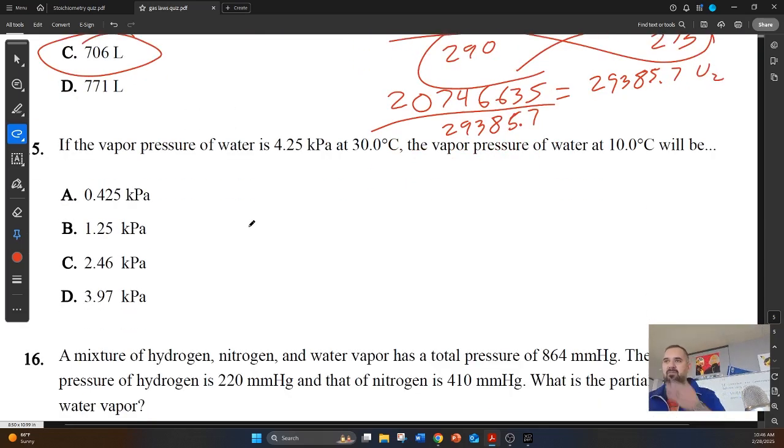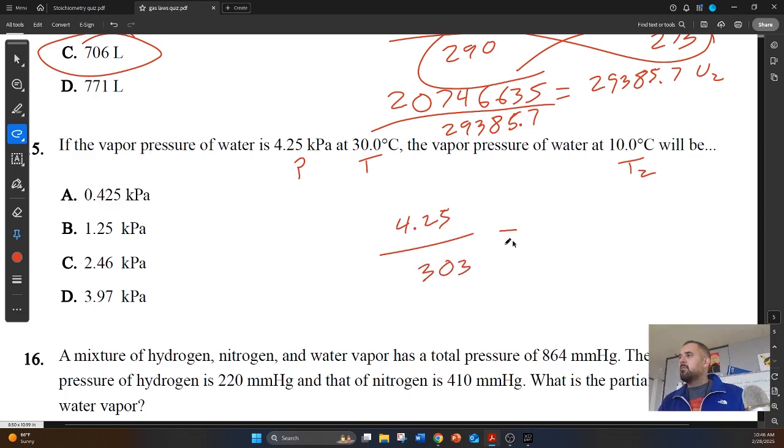Next question, if the vapor pressure of water is this, so here's our pressure, here's our temperature, here's our T2. This is another Gay-Lussac. So it's going to be 4.25 divided by 30 plus 273, which is 303, is equal to P2 over 283, and then we're solving for P2.